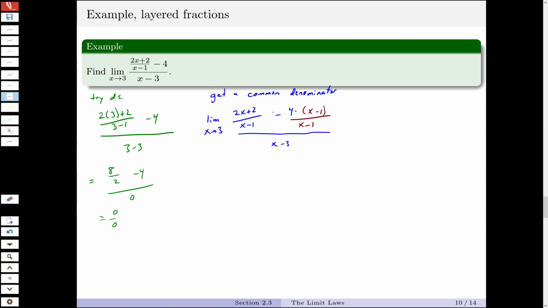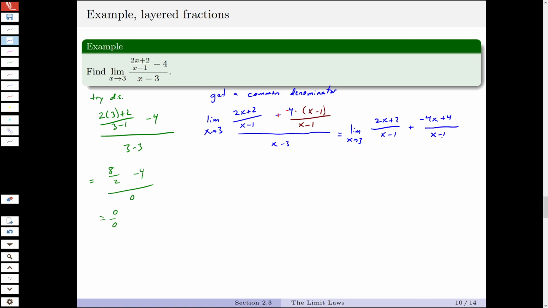Okay. So instead of subtracting, I'm going to add a negative. The reason that this is helpful is because now when I distribute this negative 4, I'm very aware of a negative getting distributed. So now I'm adding, and I'll have negative 4x, and negative 4 times negative 1 is plus 4.